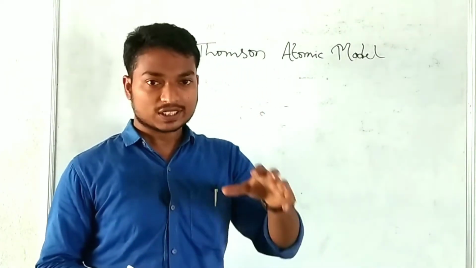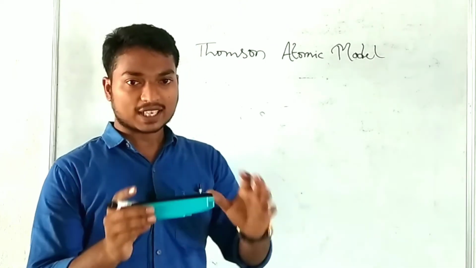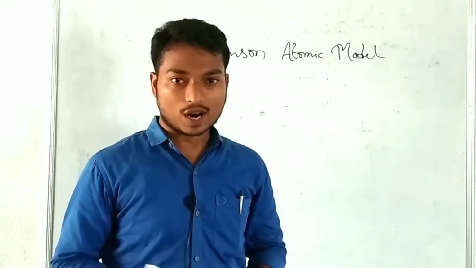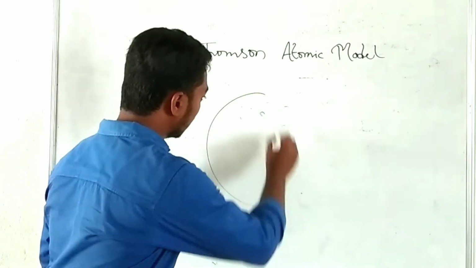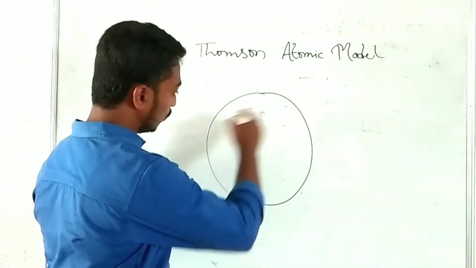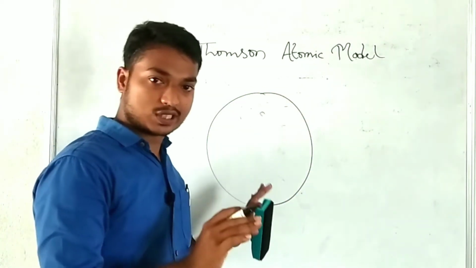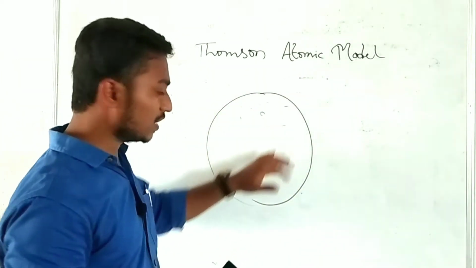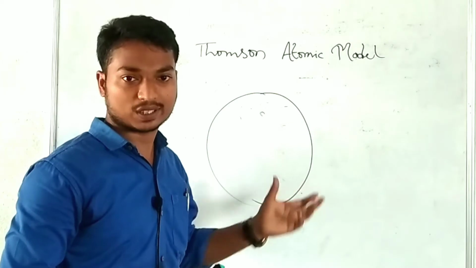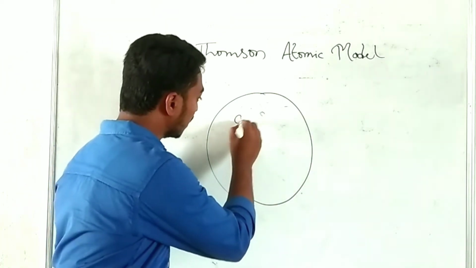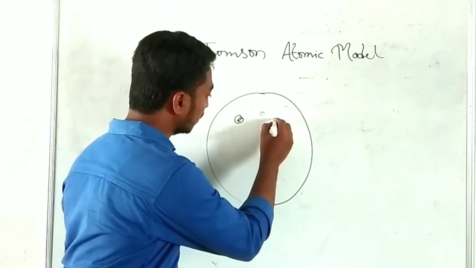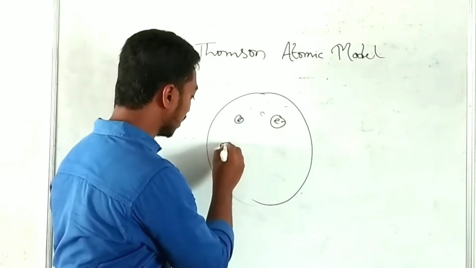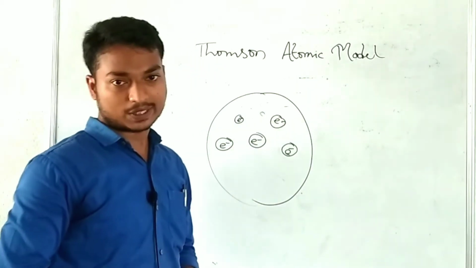In this watermelon shape, the whole part is positive charge, evenly spread throughout the atom. The whole atom is completely filled with positive part, and the electrons are embedded like seeds in the watermelon.